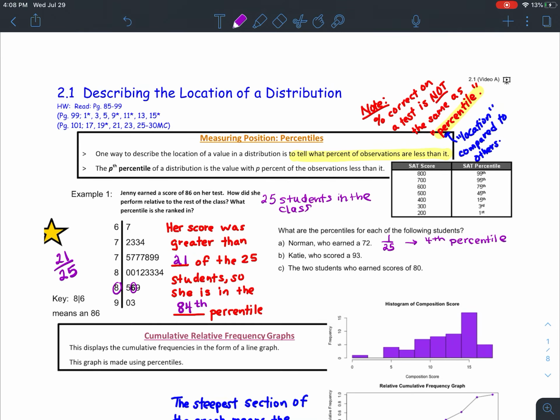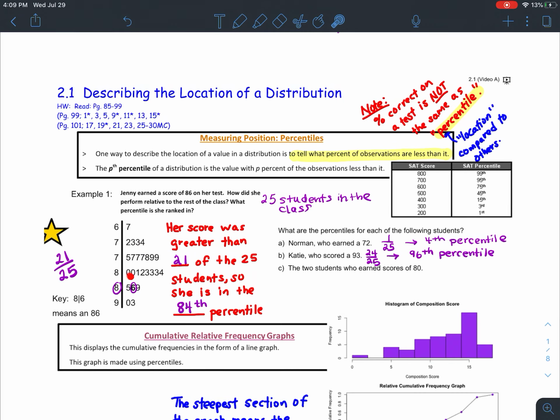Then we have Katie. Katie scored a 93. So there were 24 of the 25 students who were underneath her. So that means we've got her falling in the 96th percentile. And then it says 2 students who earned a score of 80%. You can see how that's duplicated right here. There were 2 students who scored that.